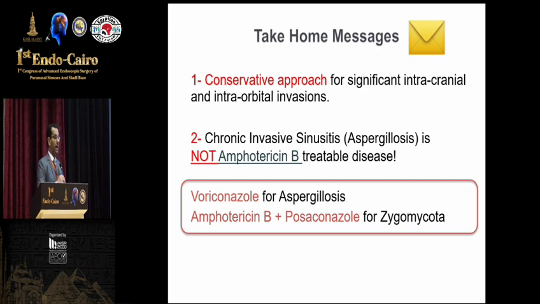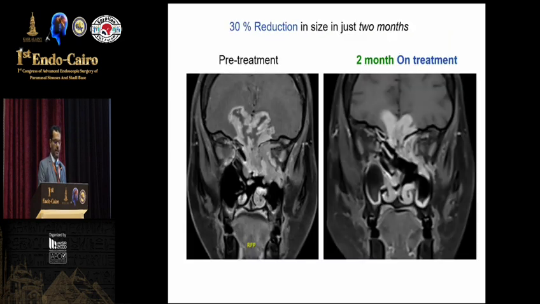So the take-home message is to work smart, not just hard, and remember that there is a conservative approach for this kind of extensive lesion, going with antifungal therapy depending on the fungus. If it's aspergillus, it's mostly Vifend, in addition to the endoscopic sinus surgery. This is our own case.